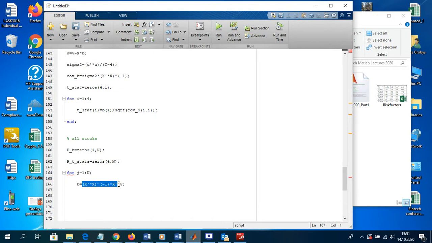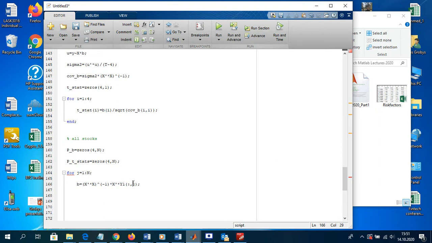We use the same three-factor model for pricing all of our N stocks. The only thing that changes, obviously, is the regressand, the dependent variable, at the end. In each iteration, this changes. So in the first iteration, if j is 1, we want to take the excess returns of the first stock.